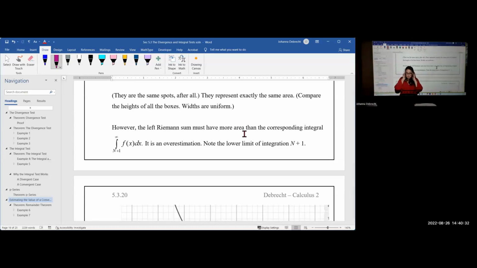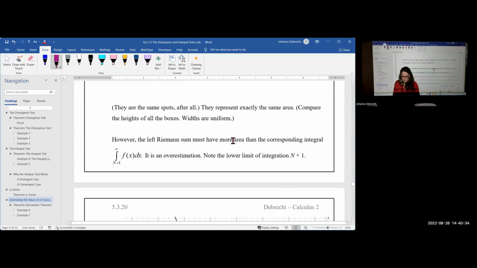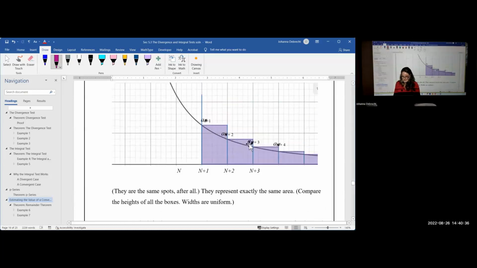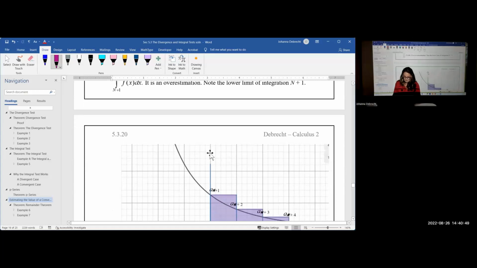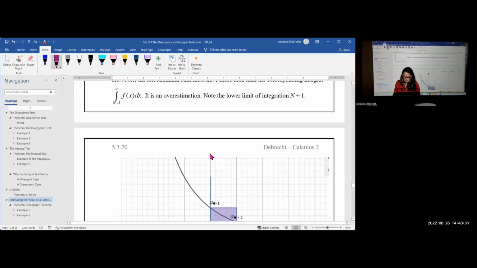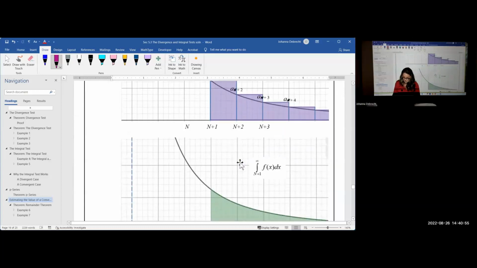Why? Well, let's look at the left Riemann sum again. It has to have more area because it's a decreasing function, so it's an overestimation. So that means that it's got to be greater than or equal to the definite integral. It's an overestimation starting at uppercase n plus 1, right?